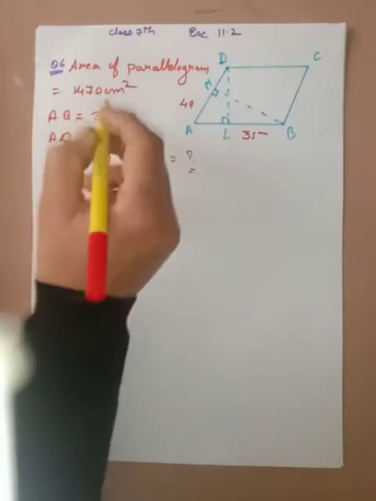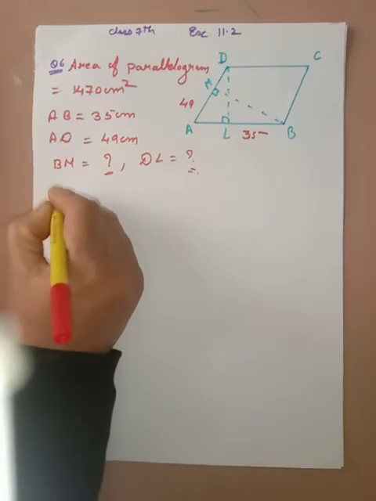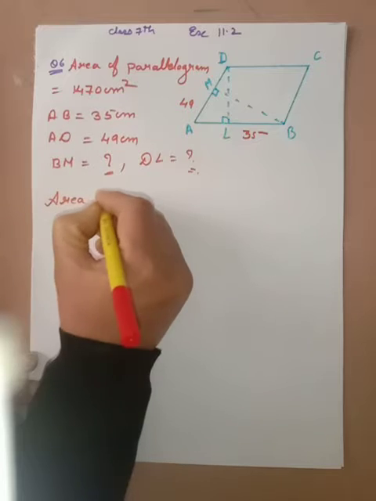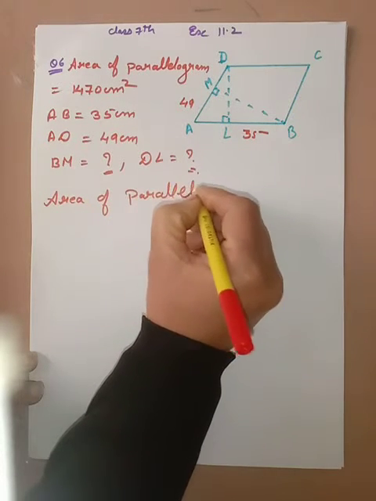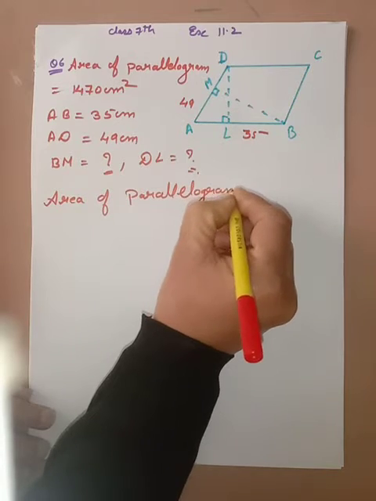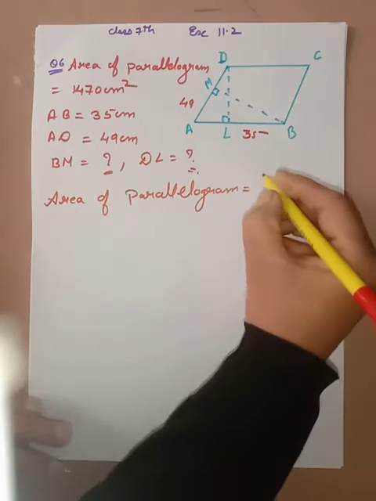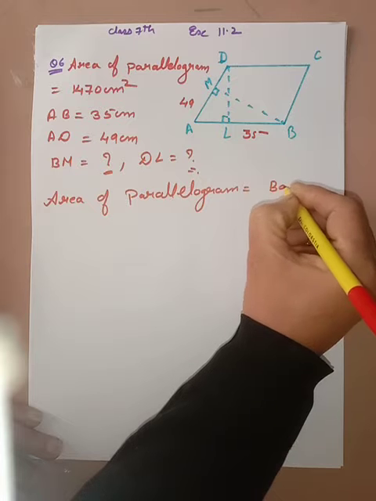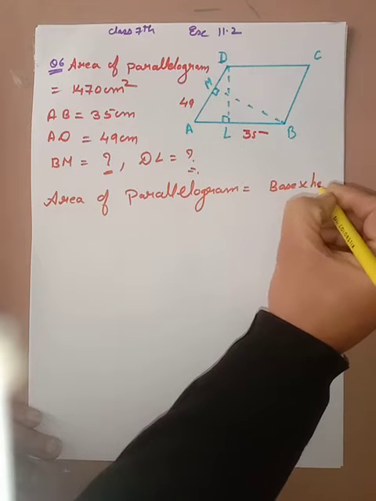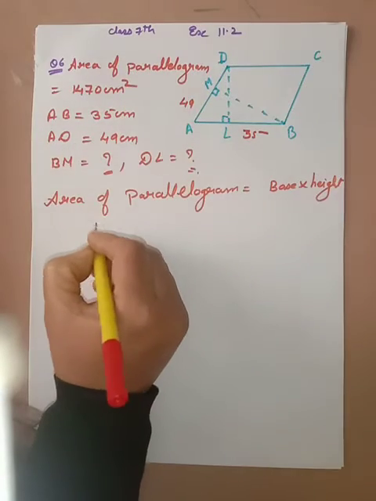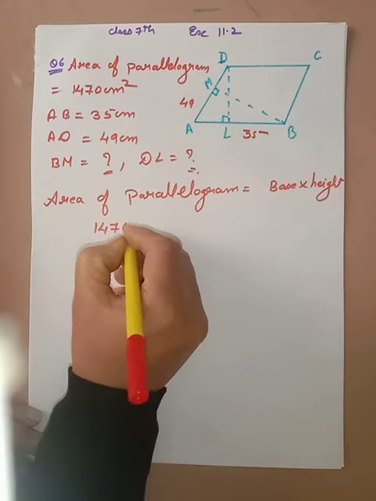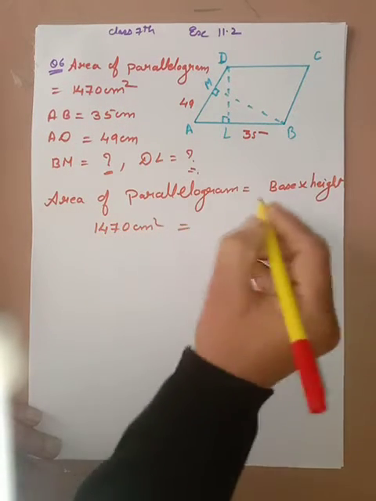Since the area is given, I will take help of the area of parallelogram. The formula to find the area of the parallelogram is base into height. Now the area of parallelogram is given, 1470 centimeter square.